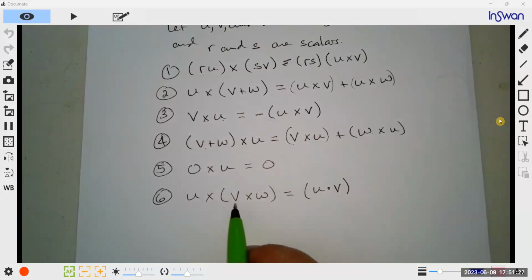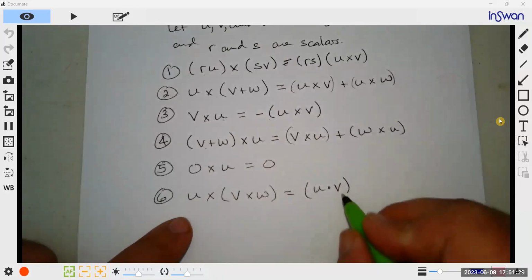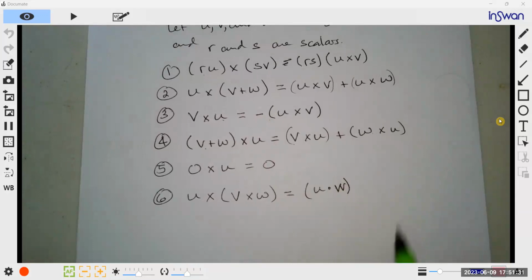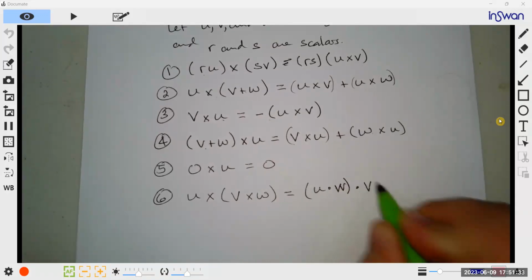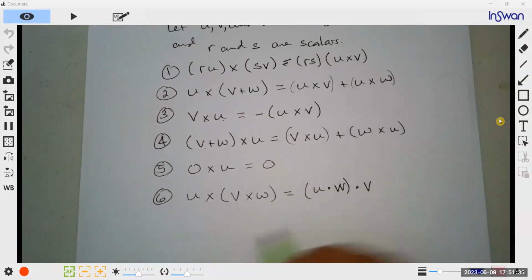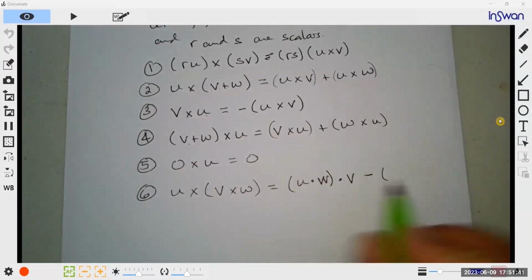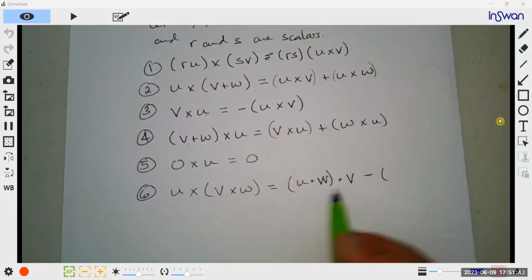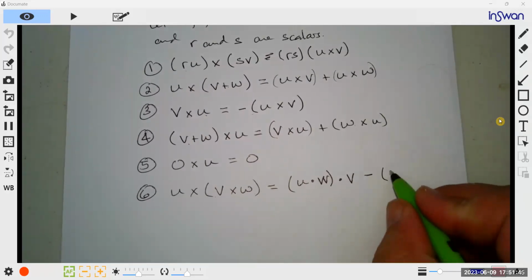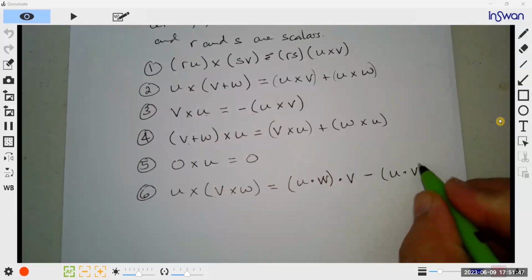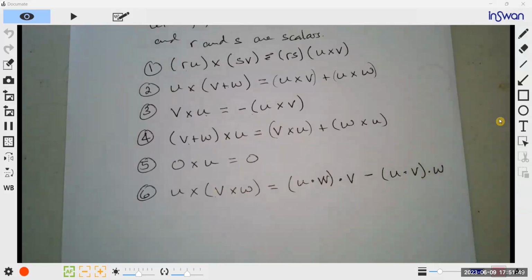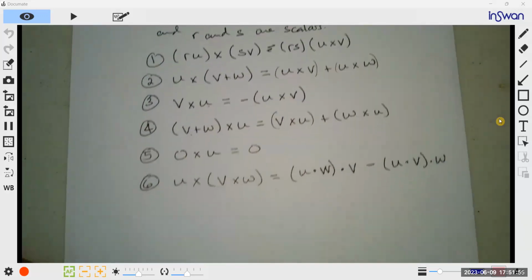So it's (u dot w) v minus (u dot v) w. All right, so those are the properties, and we can refer to those.